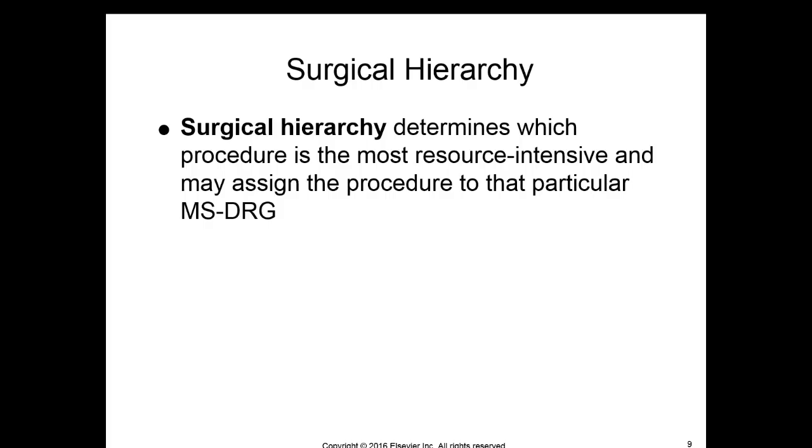On page 102 in your textbook, in this first example, this patient has cystic fibrosis in both lungs and has a bilateral lung transplant. There are only certain facilities that Medicare approves to perform transplants.